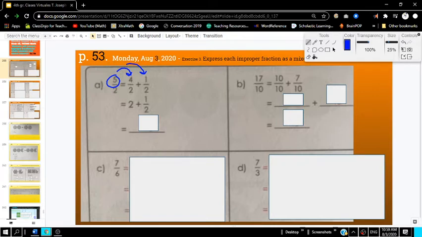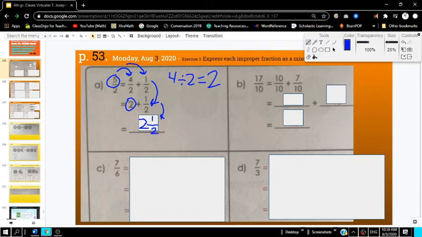Now I can break 4 halves up into our whole number just by dividing it. 4 divided by 2 equals 2. So there's my whole number right there. I'm going to put that in my answer blank. Now if we look at our fraction that's left over, 1 half just gets transferred over to our answer blank as well. So our answer is 2 and 1 half.